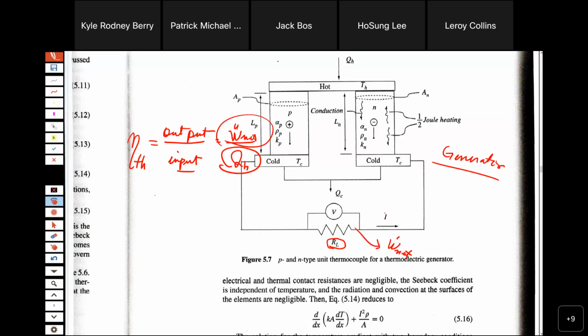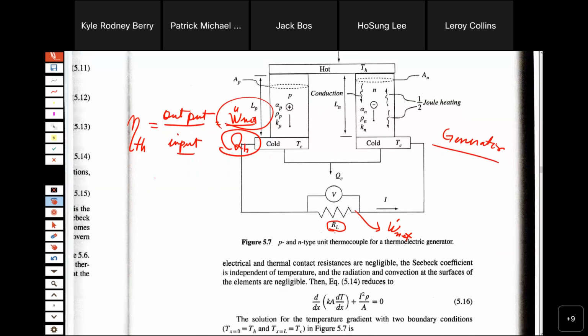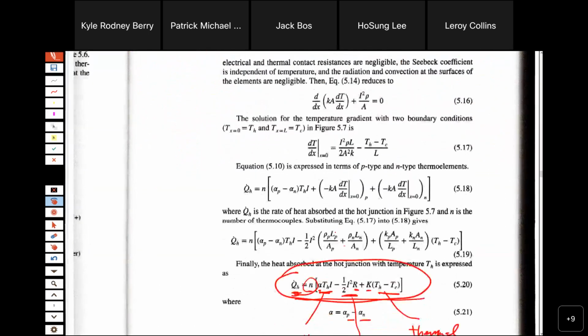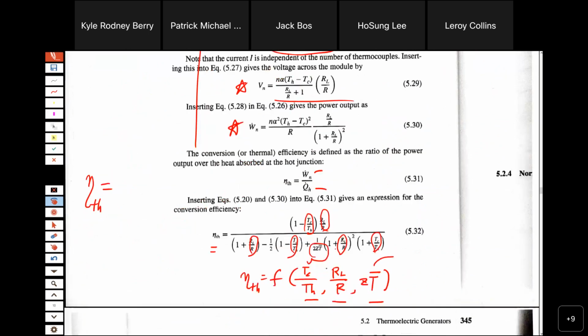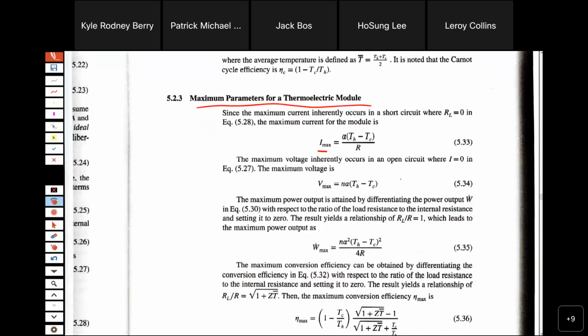Yes, 0. It's a short circuit, we call it. Short, no resistance. Then maximum. So that's what I found. This is the maximum possible.